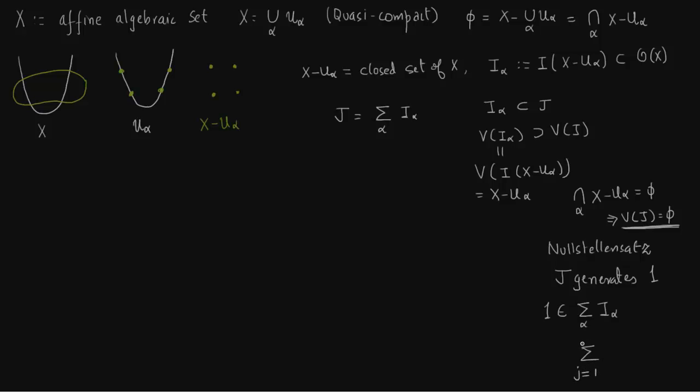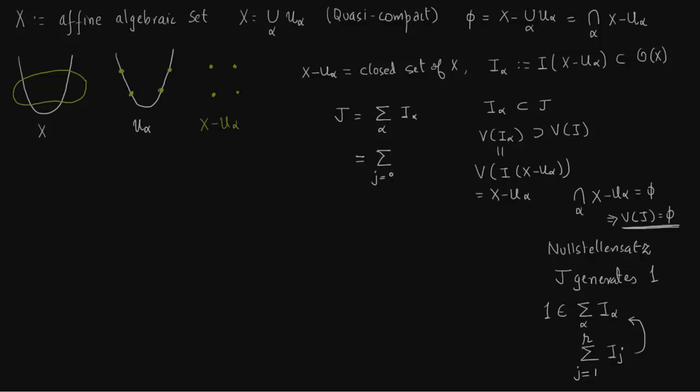Because we are working within rings, this will become finite. So there is a finite sum, 1 equals the sum from j equals 1 to r of i_j, and all these i_j's are drawn from the I alphas. This finite part comes from working in rings. Rings only allow finite sums, they do not allow infinite sums. So 1 is generated by a finite number of terms, precisely because when we work in rings we have to give this number as finite, and that is what I am going to copy down here.